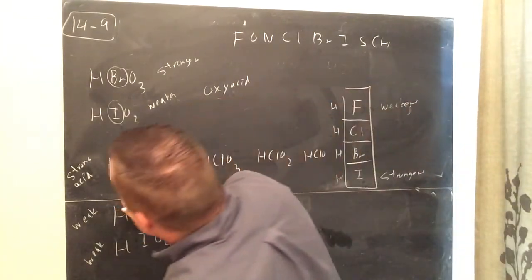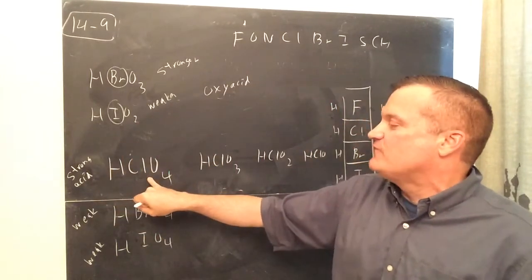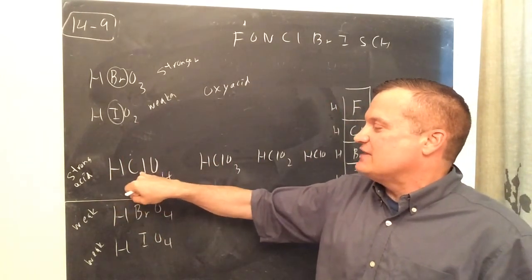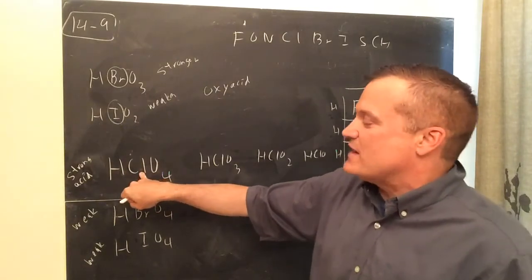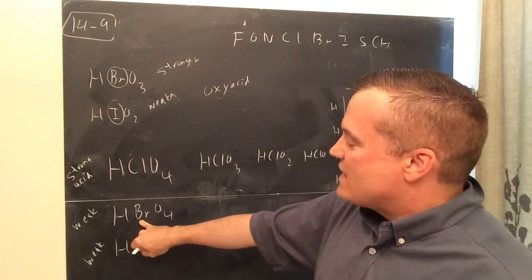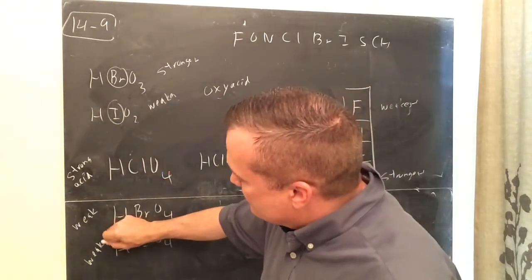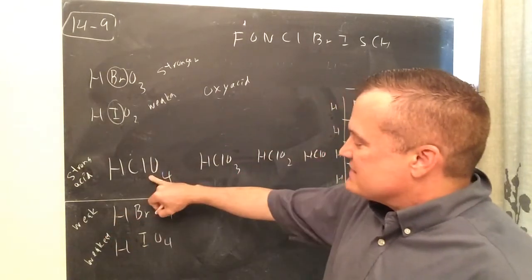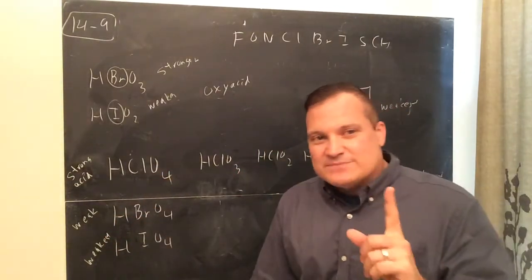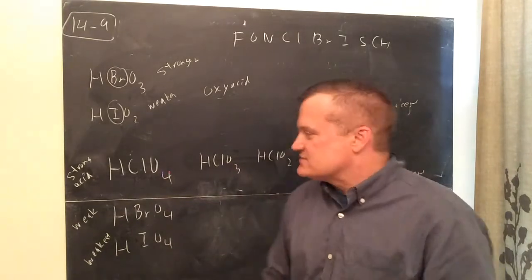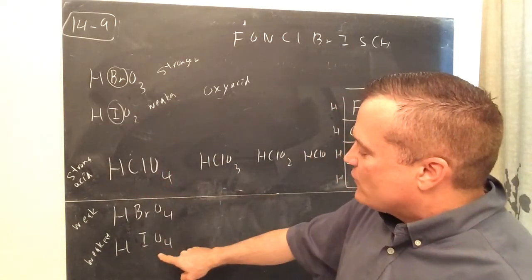So when this H leaves HClO4, this is very electronegative, so it's very good, very stable. That's why it's a strong acid. This one is not as stable. It's weaker, but that would be the weakest of the 3. So there it is. Sometimes they give you 2 acids that'll say HClO4 or HIO4.